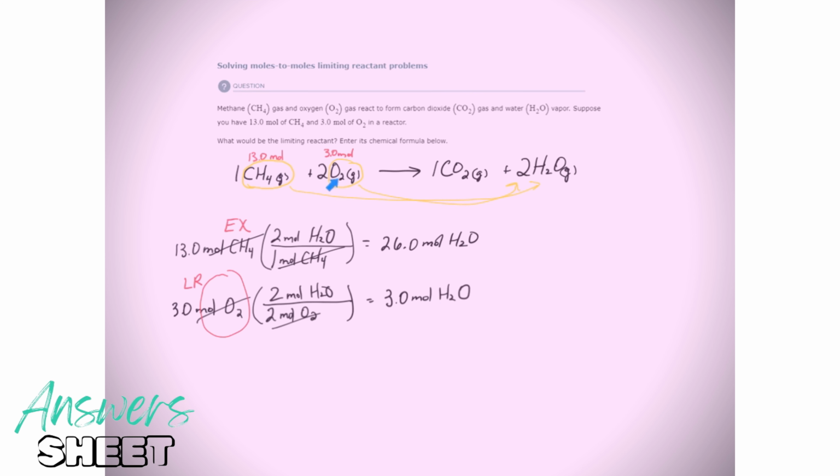Once the oxygen runs out, there's no more O2 left to react with the methane, so the reaction is going to stop. So your limiting reactant is completely used up, and the excess reactant, there's always going to be some left over because you have an excess of what you need.